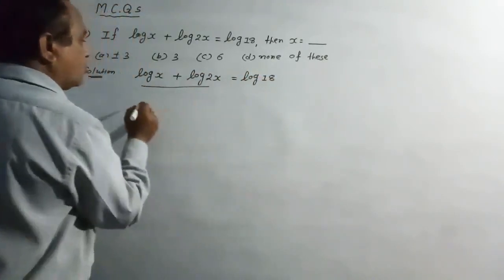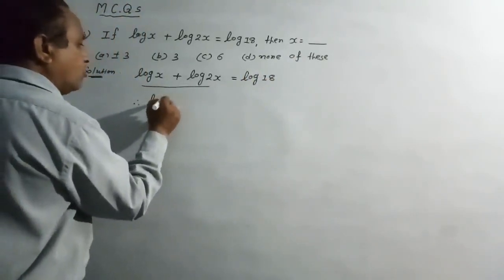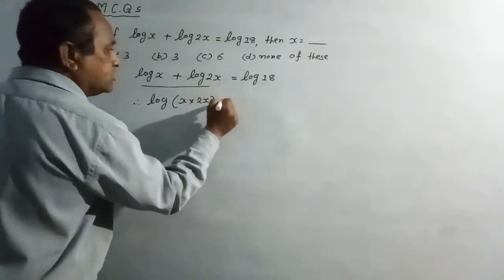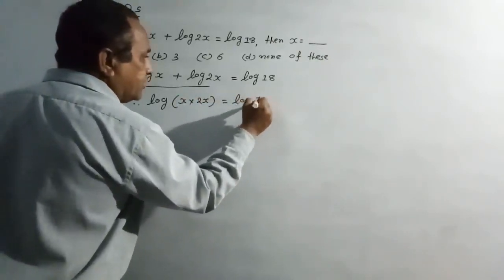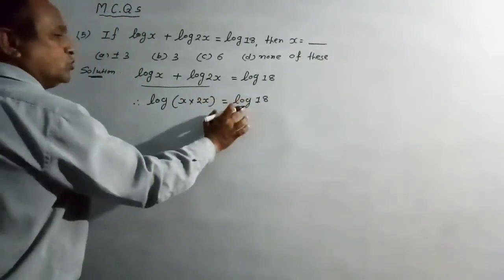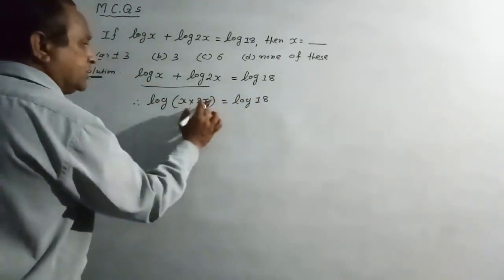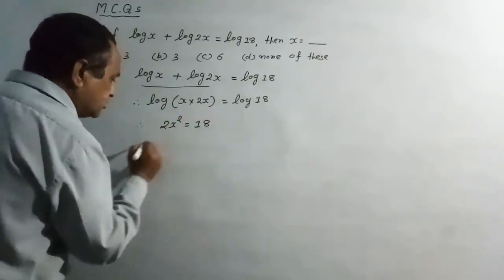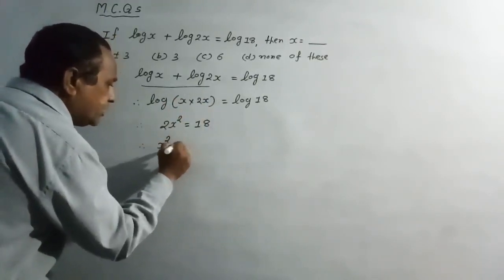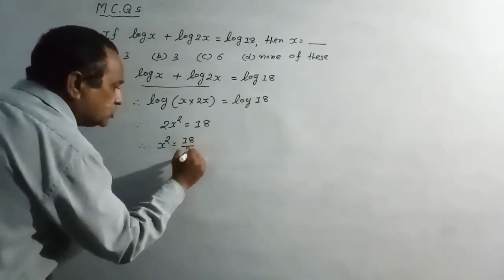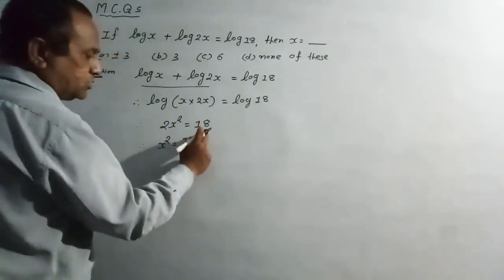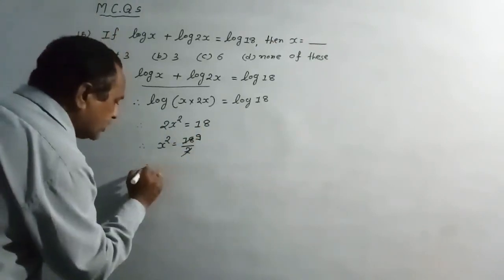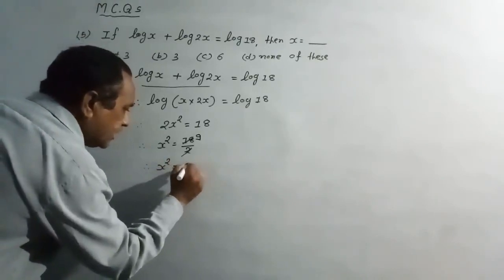Now first, log is common, then x multiplied by 2x is equal to log 18. Now remove the log on both sides, and x multiplied by 2x gives 2x square equal to 18. So x square is equal to 18 by 2, dividing both sides by 2, 18 divided by 2 is 9. So x square is equal to 9.